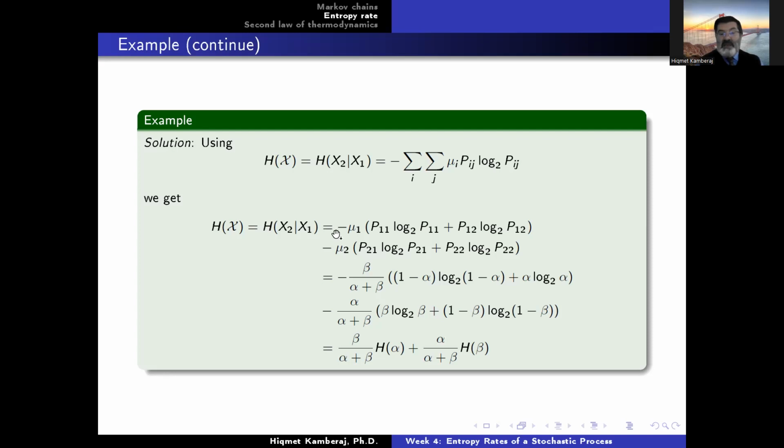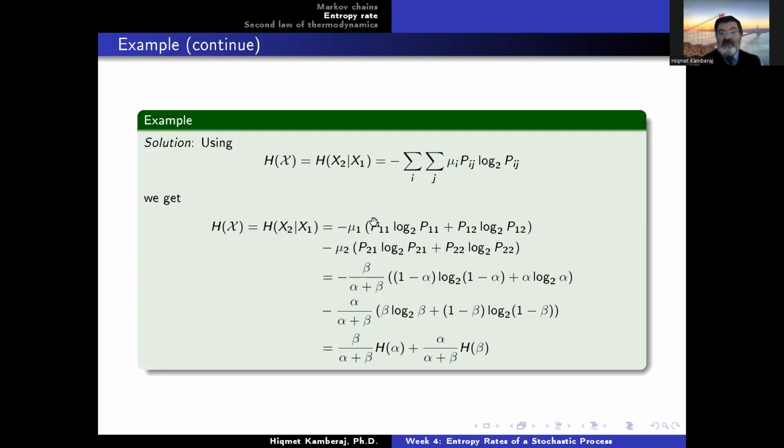Since I have two states, this sum reduces to minus mu1 times, for i equal to 1, P_11 log with base 2 of P_11 plus P_12 log with base 2 of P_12, minus, now for i equal to 2, mu2 times P_21 log with base 2 of P_21 plus P_22 log with base 2 of P_22.